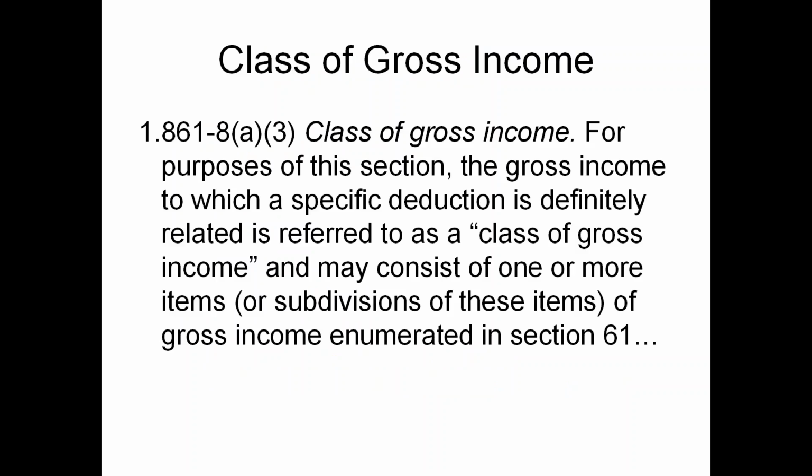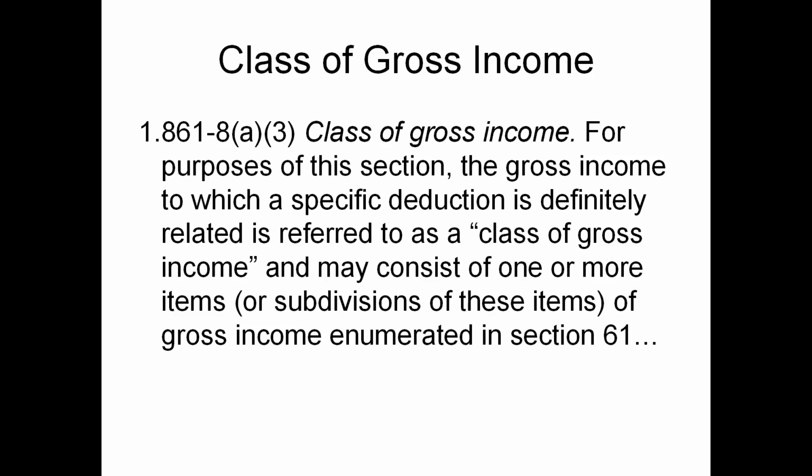For purposes of this section, meaning the 861 allocation and apportionment regulations, the gross income to which a specific deduction is related is referred to as a class of gross income and may consist of one or more items or subdivisions of these items of gross income enumerated in section 61.